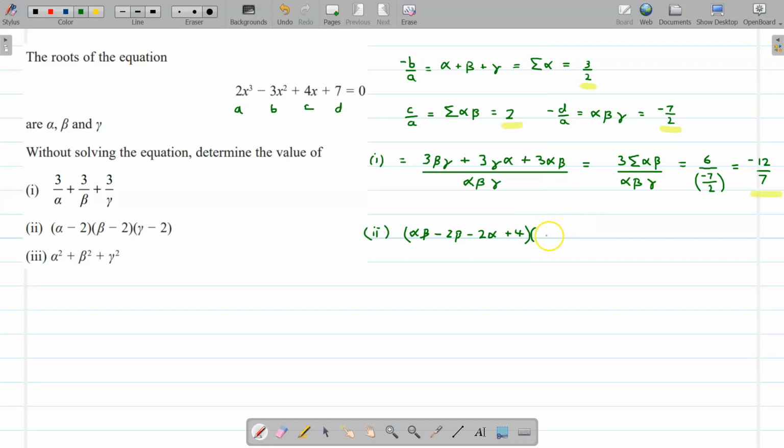The third bracket is gamma minus 2. If I multiply that out again, I get alpha beta gamma, and then I'm going to have minus 2 gamma beta, minus 2 gamma alpha, plus 4 gamma.